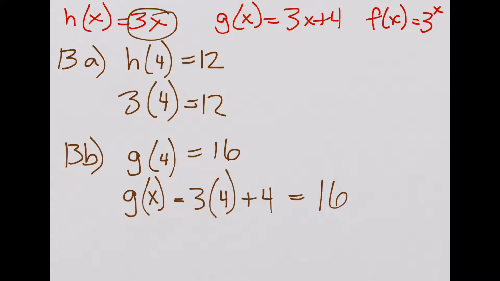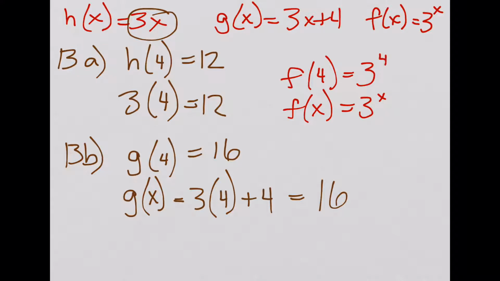Okay, last one of those, it says find f of 4. Well, f of x equals 3 to the x power. So f of 4 is going to equal 3 to the 4th power. And 3 to the 4th power is 81. Okay, so those are your answers.